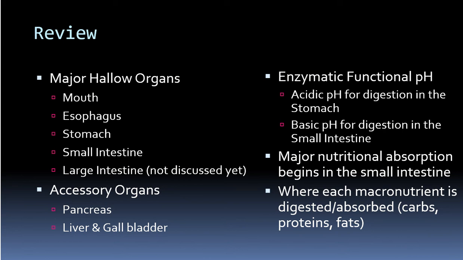Protein digestion starts in the stomach, and then all those components get digested even further in the small intestine, namely the duodenum, which is also where fat digestion begins. And then throughout the small intestine, especially in the jejunum, these components get absorbed.